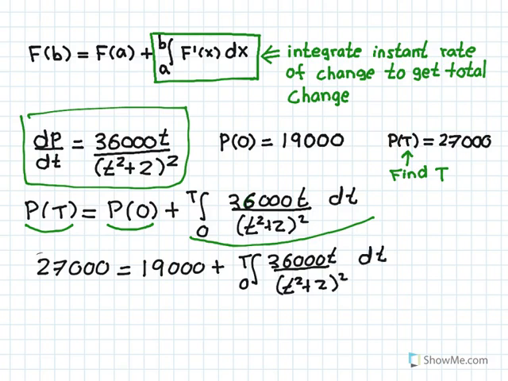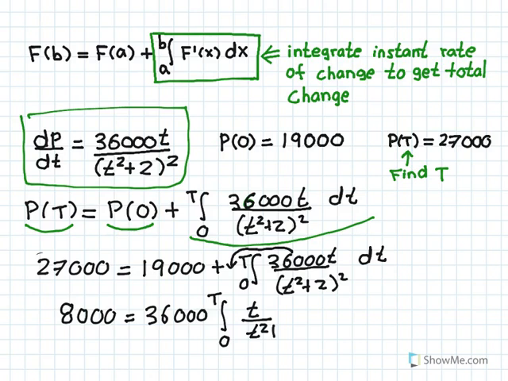Let's subtract 19,000 from both sides, and we get 27,000 minus 19,000, that is 8,000. And 36,000 is a constant, passes through the integral, so we get 36,000 times the integral from 0 to t of t divided by t squared plus 2 all squared dt.